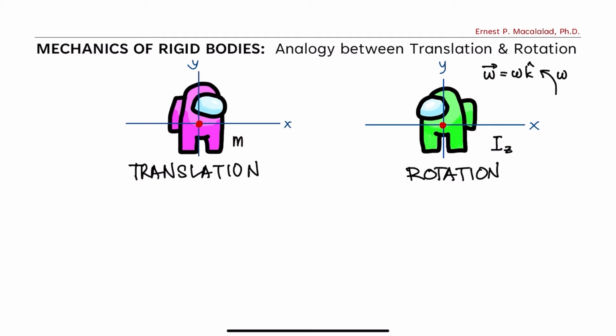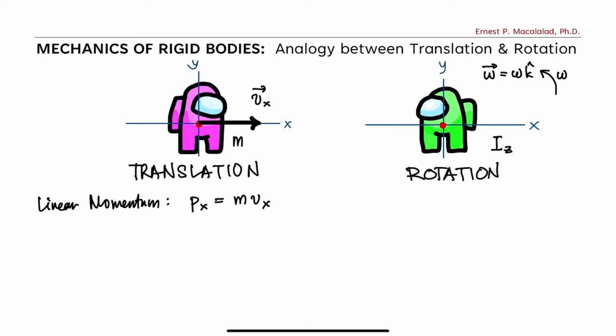On the other hand, for translation, let's say this object moves towards the positive x-axis. In one dimension, it would look something like this. Let's say this is your velocity, v along x. For translational motion, the product of the mass and the velocity is called the linear momentum. This is p_x and is equal to m times v_x.